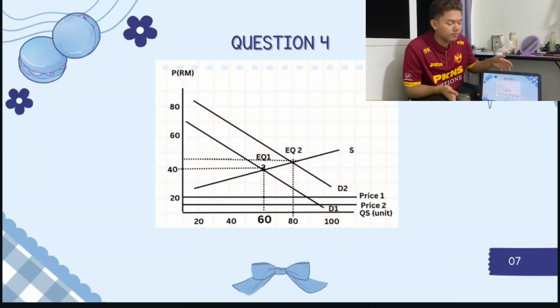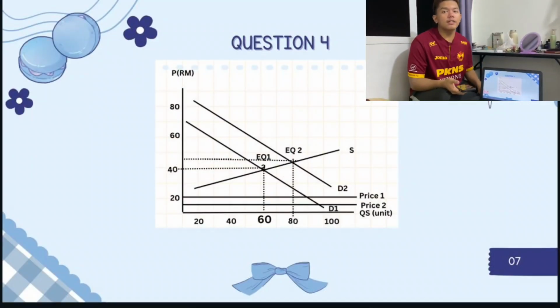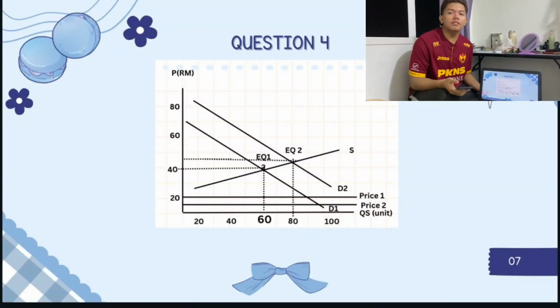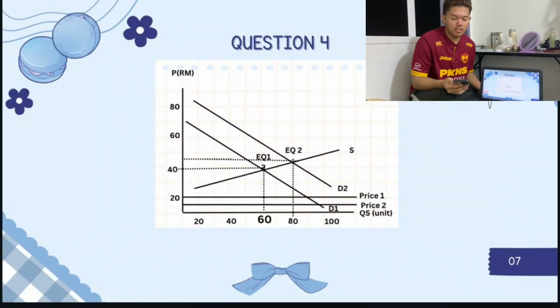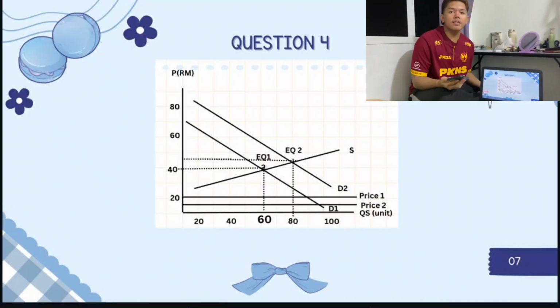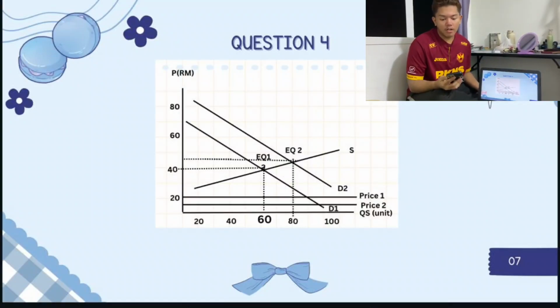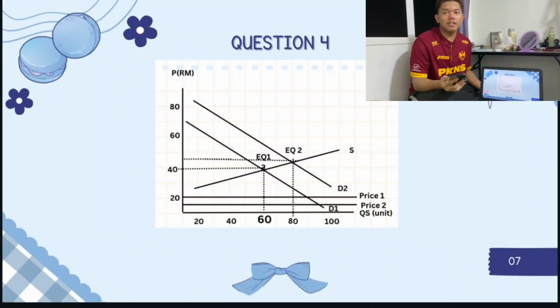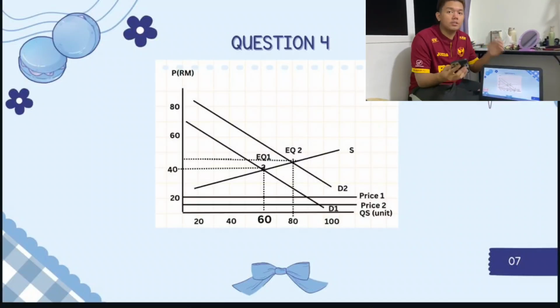For question 4B, we must understand that the PES is equal to 0.7. A PES of 0.7 means that the supply of cars is inelastic. This suggests that Maju Auto cannot quickly increase supply in response to demand shifts due to production constraints and supply chain issues.